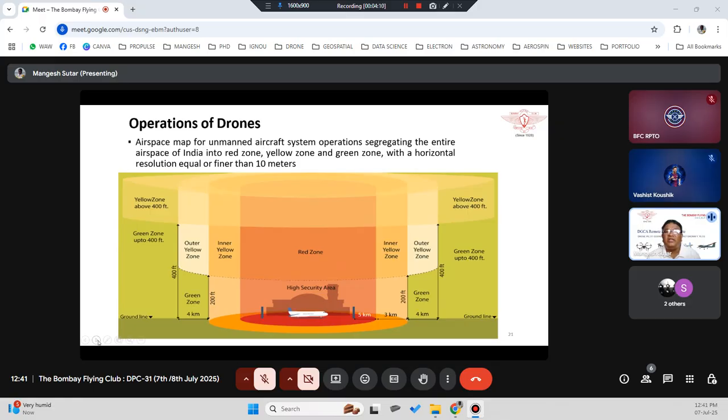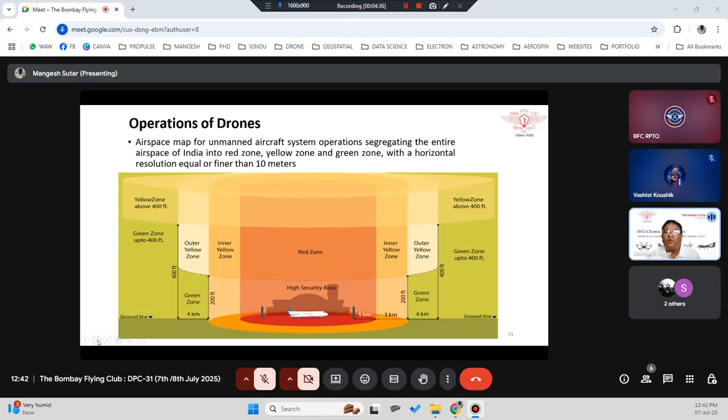So if you see the example of Mumbai airport, from the airport till 5 kilometers it will be red zone. From 5 kilometers to 8 kilometers, it will be inner yellow zone. After 8 kilometers till 12 kilometers, there are 2 segments. In the outer yellow zone, there is a segment called green zone also.